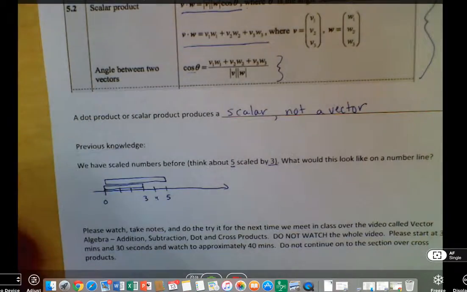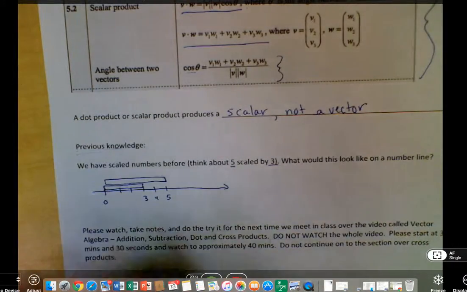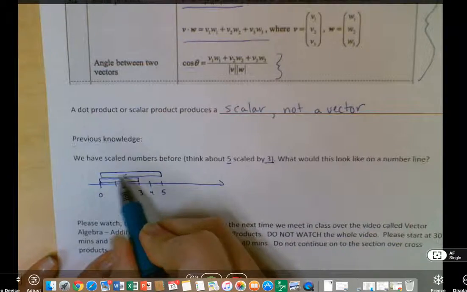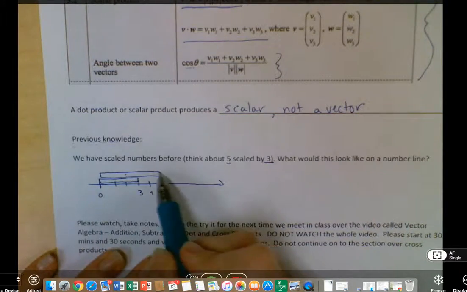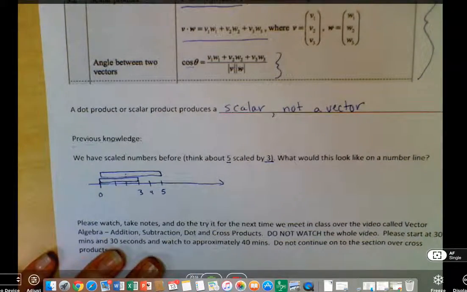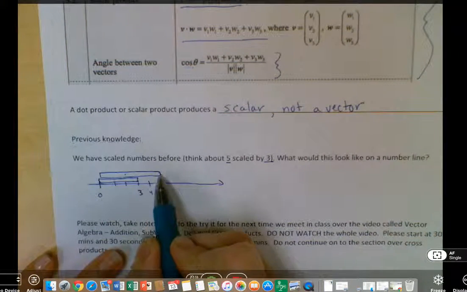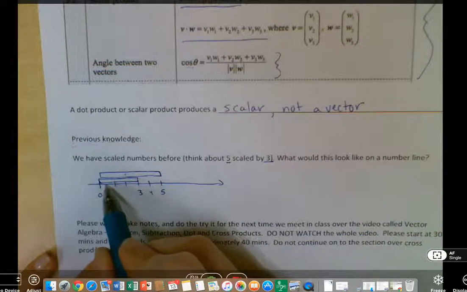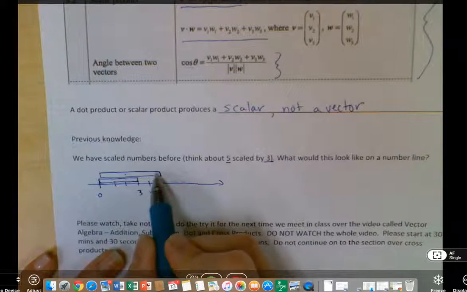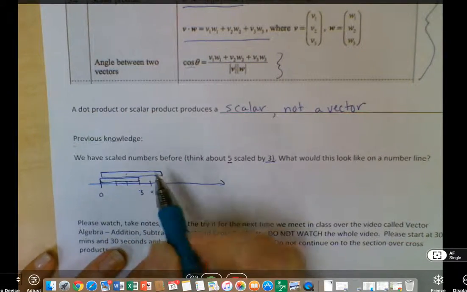So I'm not putting this on here or anything like that. It's not like I'm adding this term and putting it on the end. What I'm doing is I'm saying that I have 5, and I'm going to take 3 of this quantity.